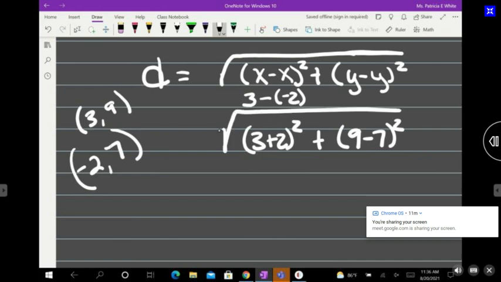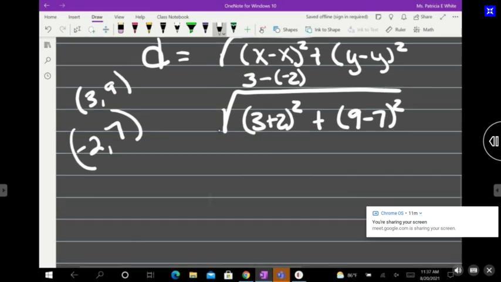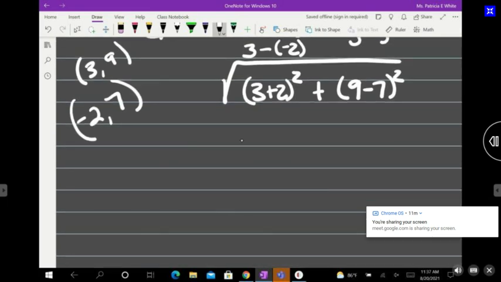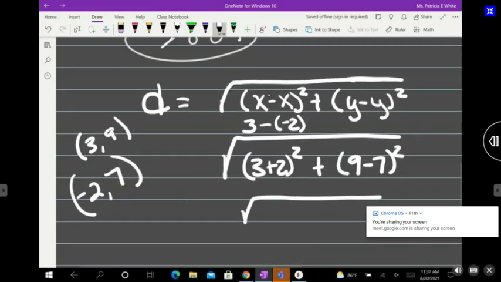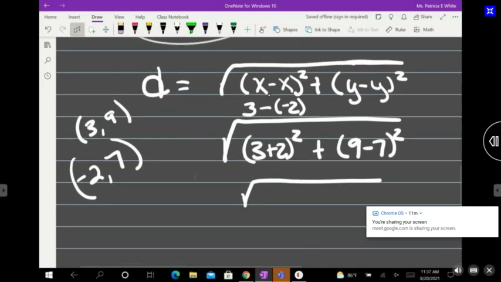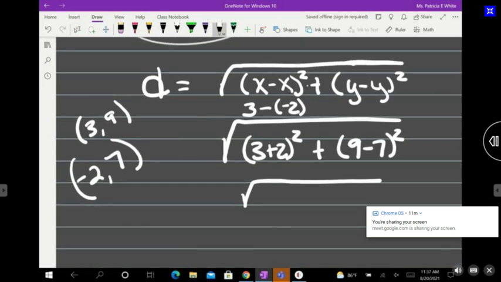Remember, no matter what we're doing, we are taking that square root last. Now why am I adding this time when the formula says to subtract? I'm subtracting a negative, and subtracting a negative means I add, right?